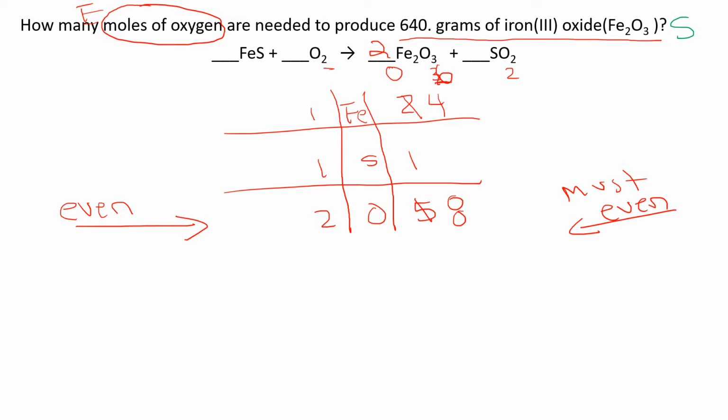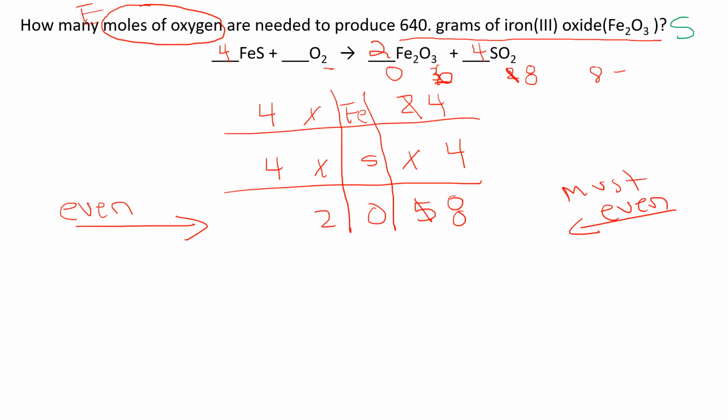So I make that correction at the very start before I even begin. Okay, so now I need to balance iron on this side. I'm going to put a 4 in front of there. That changes iron to 4, and it changes sulfur to 4. I need 4 sulfur on the product side, so I'm going to put a 4 in front of this. That changes sulfur to 4, changes that number of oxygens to 8.